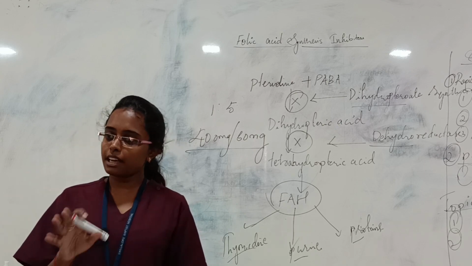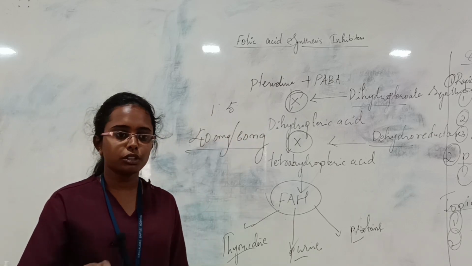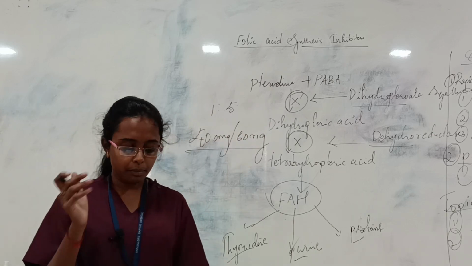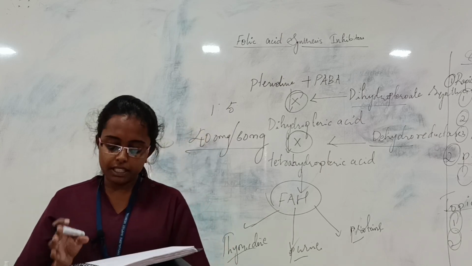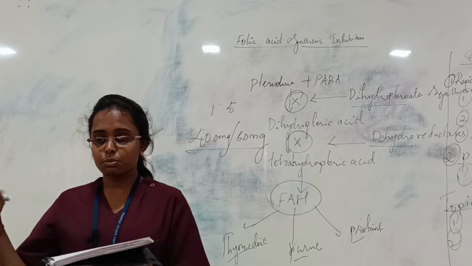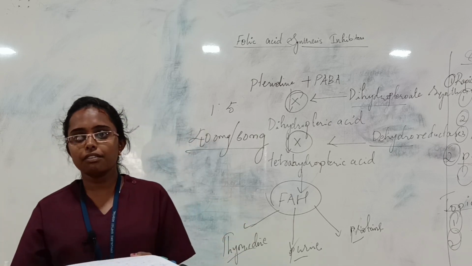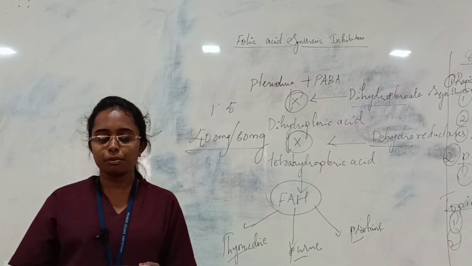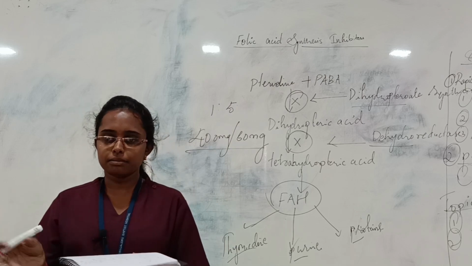Absorption is the same as we studied for sulfonamides: rapidly absorbed and distributed throughout the body. The half-life of trimethoprim is 11 hours and sulfamethoxazole 10 hours, only 1 hour difference.